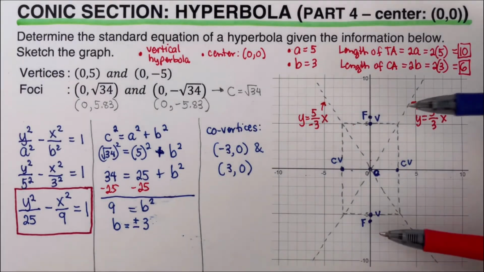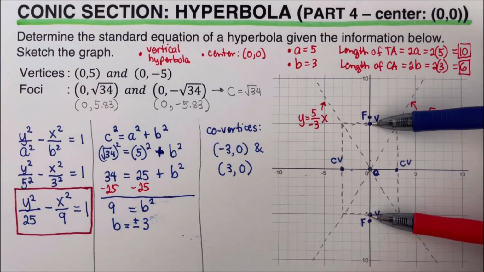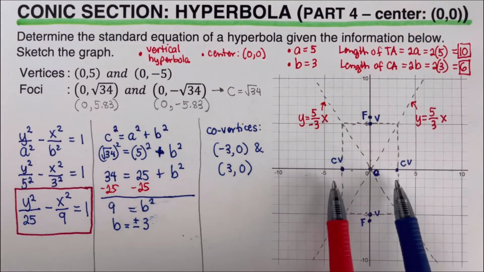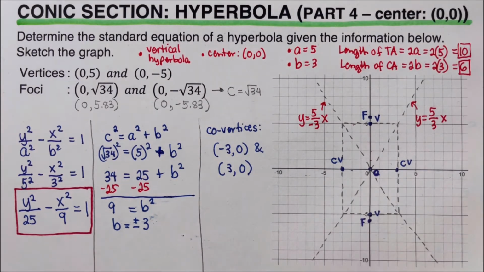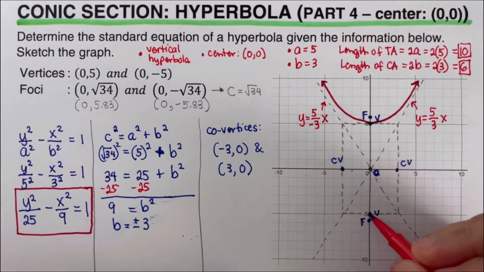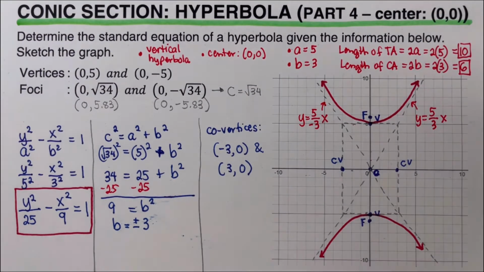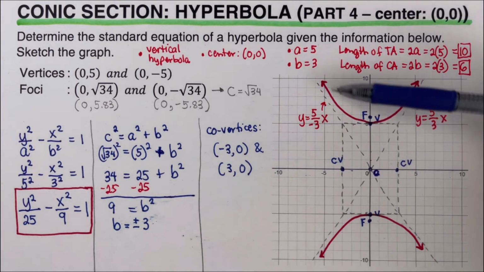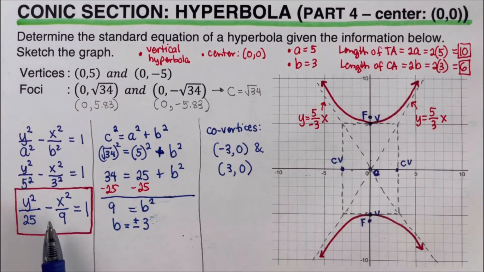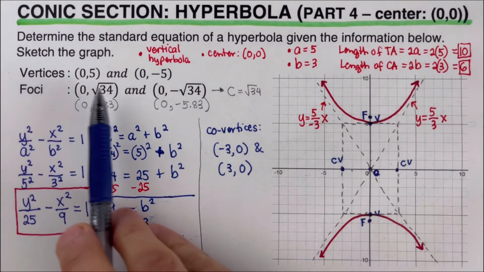So the length of the transverse axis is 10 and the length of the conjugate axis is 6. Now we go ahead and sketch the hyperbola. So this is the hyperbola or the graph of this equation that we have right here, and this is the equation of this problem that we have here.